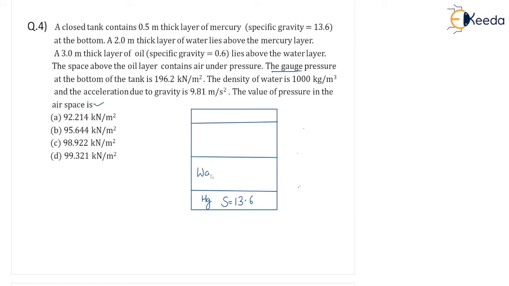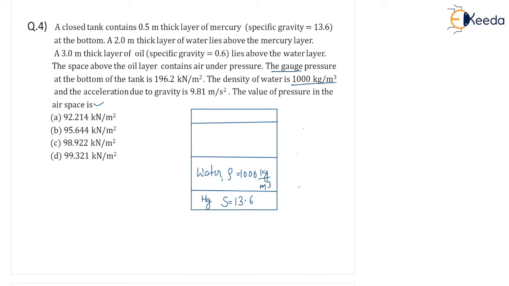The second one is water, density 1000 kg per meter cube.